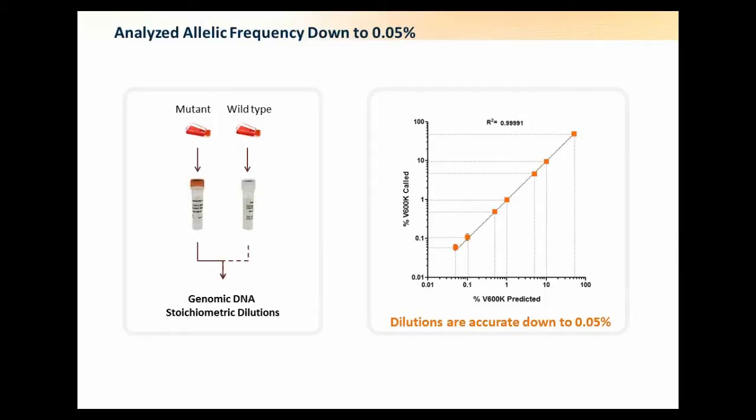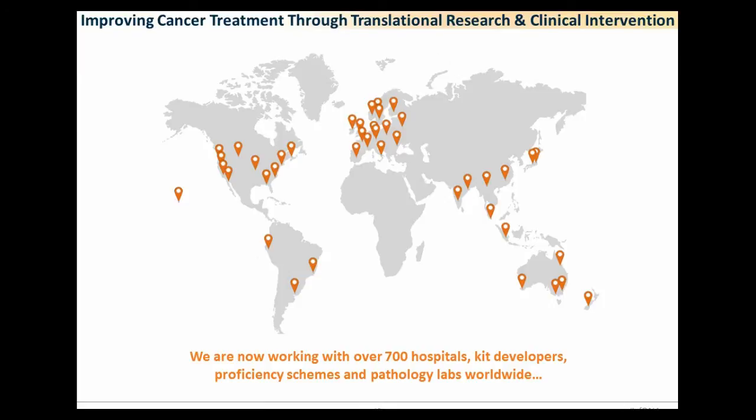Our controls have already demonstrated a profound effect on the labs that have adopted them. So we work all around the world with proficiency testing schemes, with technology developers, and with researchers who are interested in a transition into the clinical use.